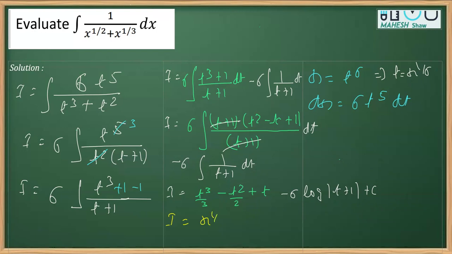So that is x raised to the power half over 3, minus, here squaring both sides we get t square as x raised to the power 1 over 3, over 2, plus t only, which I can write as x raised to the power 1 over 6, minus 6 log mod t plus 1. t is x raised to the power 1 by 6 plus 1, and plus c. That should be the final answer in this case.